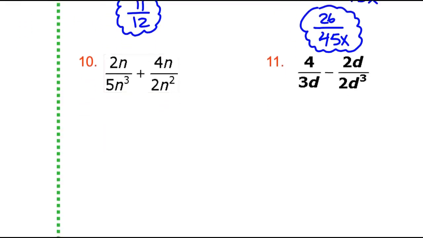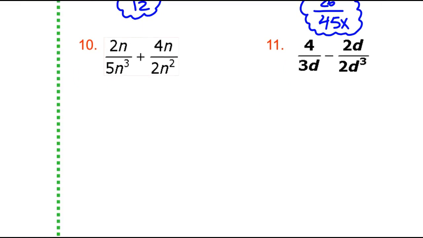All right, now we're ramping it up a little bit. These monomials have different variable degrees, right? So we have to watch the degree a little bit. Look at the coefficients. 5 and 2, common multiple between 5 and 2 is 10. So we want to get both coefficients to be 10. And then look at the higher degree.